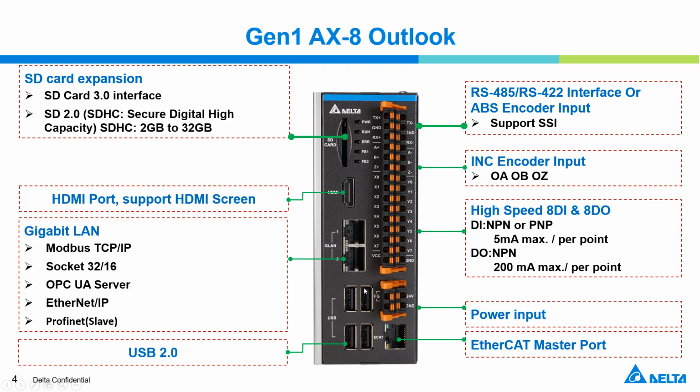It has four USB ports. For the terminal part, it can support RS-485, RS-422, or the absolute encoder input. But for this function you need to choose, because these two functions share the same port. You cannot enable both functions at the same time.